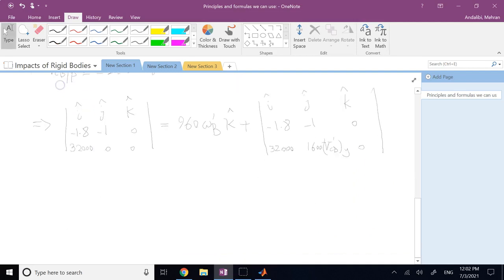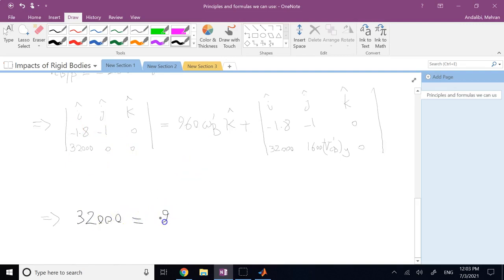Okay, again, if you expand it, it should give you another scalar equation. If you do that here, you see that the only term you have is positive 32,000 on this side.